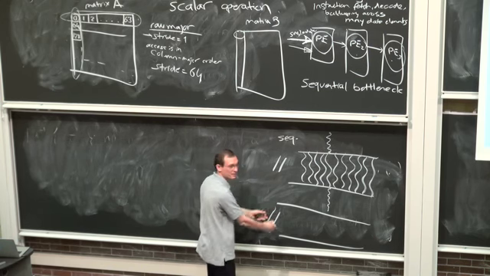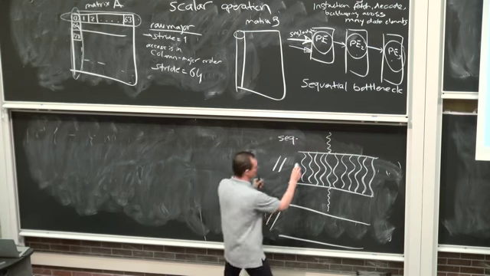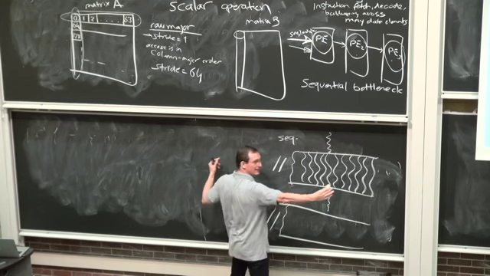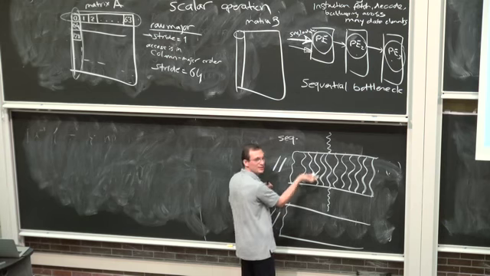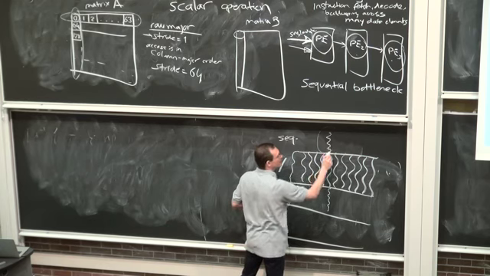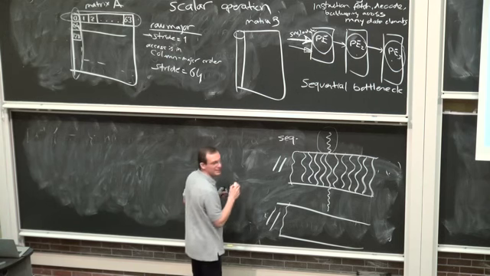A lot of programs display the structure. A lot of even scientific programs display the structure. And you can make this part faster by increasing the vector length of your machine, right? You can reduce the time you spend in the parallel portion. But now your sequential portion becomes a bottleneck. And this is essentially Amdahl's law.